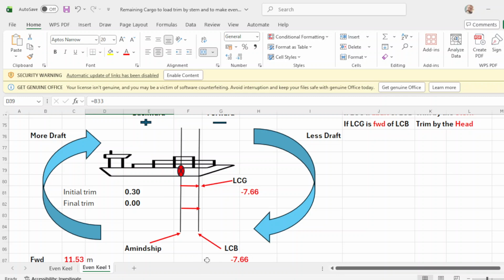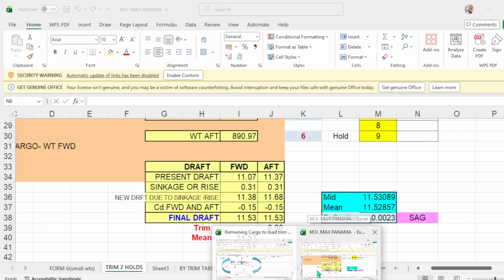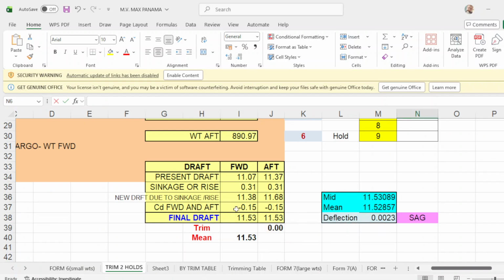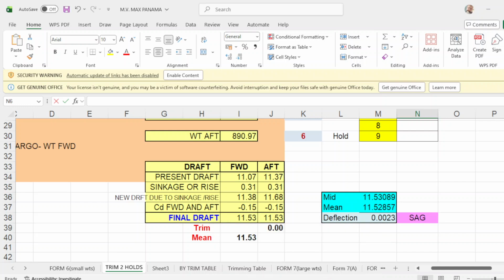And now, guys, what is the LCB of 11.53 departure draft? So we go to the program, to static table. Go to the highest 10. 11.53, okay?